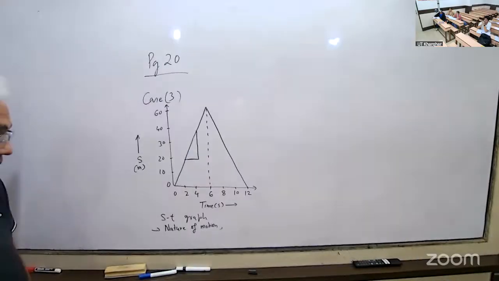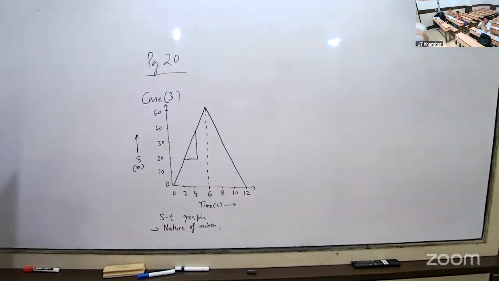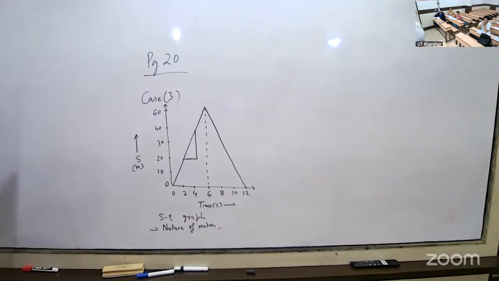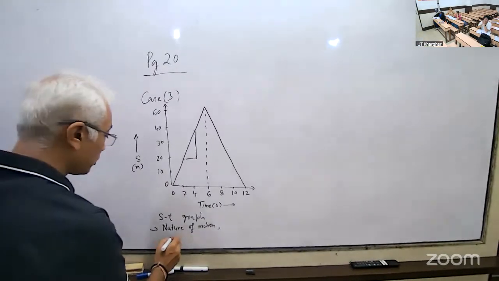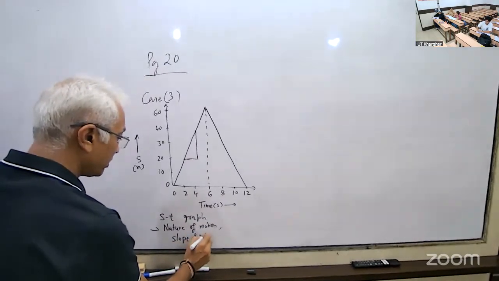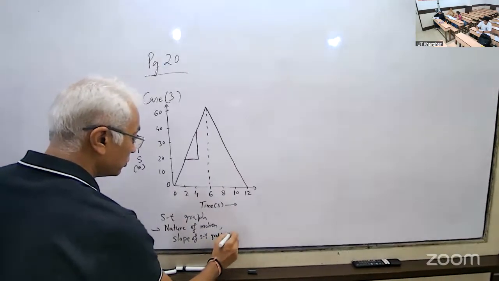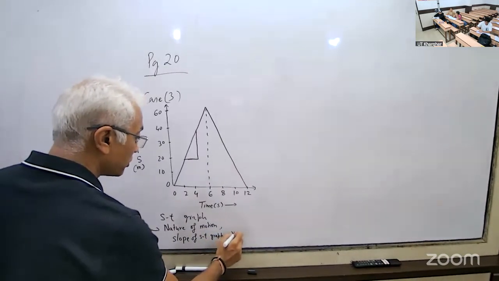Velocity, right? Is the slope positive? Yes. Therefore, velocity will also be positive. So slope of ST graph is equal to velocity.